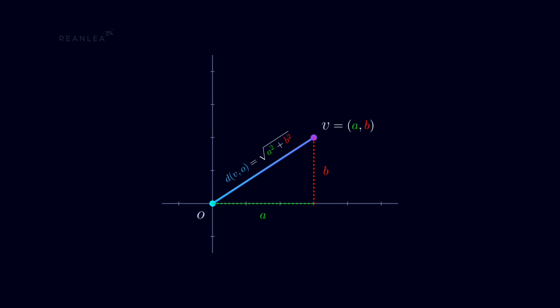Here the point V basically is a vector in R2 emanating from the origin and terminating at point (A, B). And that's how C determines the length or norm of the vector V, which is the square root of A square plus B square, where V has coordinates (A, B).